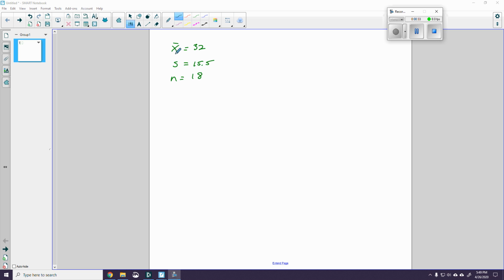I have a mean of 32, a standard deviation, S, remember these symbols are for statistics, of 15.5, and the number of items in my sample, N, was 18.